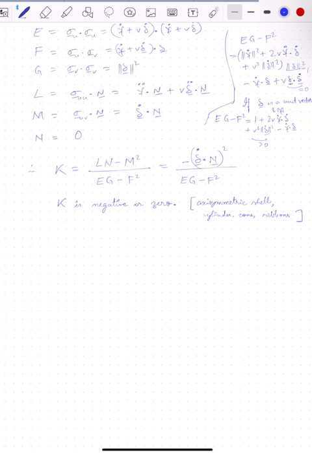So rather than from its derivative, the Weingarten map. So there is another approach to compute Gaussian curvature.